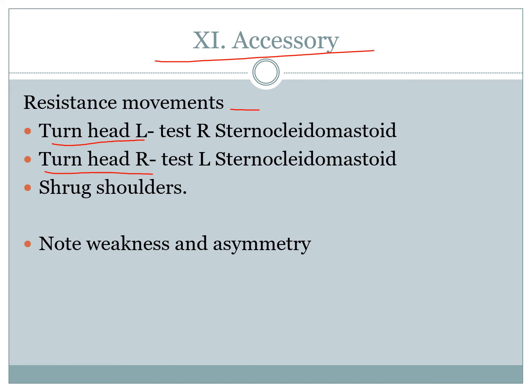Don't really fight them because you will cause sternocleidomastoid and spinal pain doing so. Just a little bit of resistance. See if it's equal strength left and right. Then get them to shrug their shoulders under your resistance as well. Put your hand on their shoulders, get them to shrug, looking for bilateral strength or bilateral weakness, or unilateral weakness. So that's the final test, your accessory nerve.